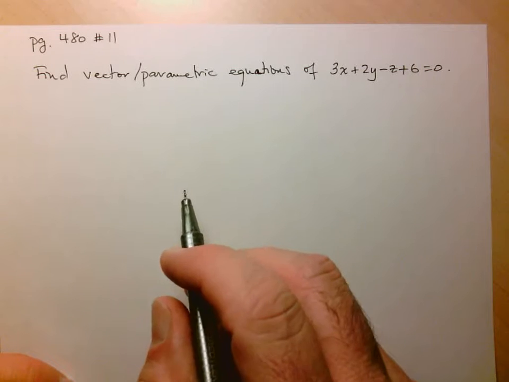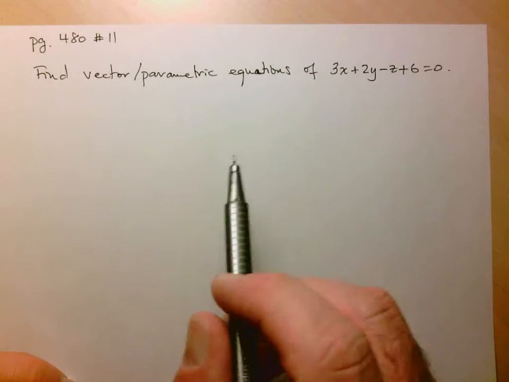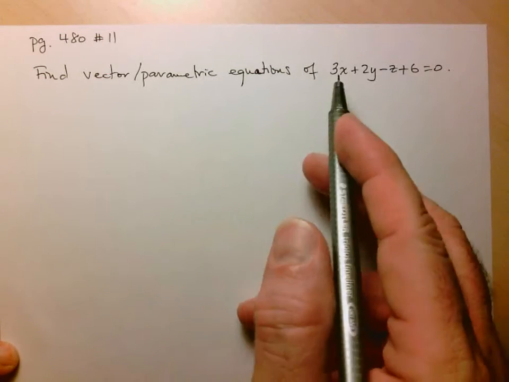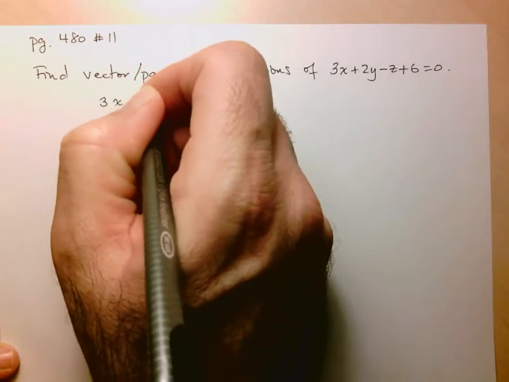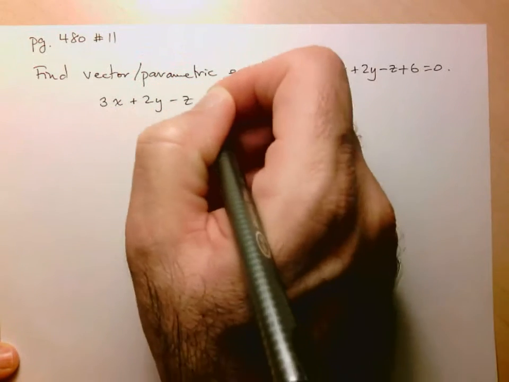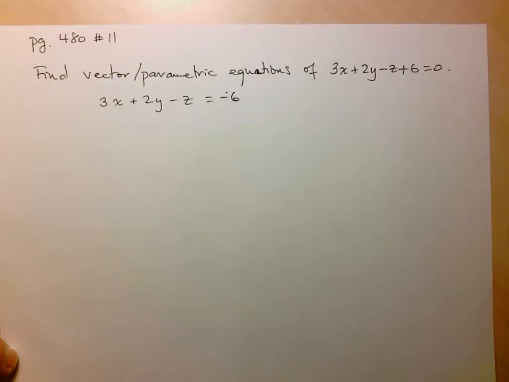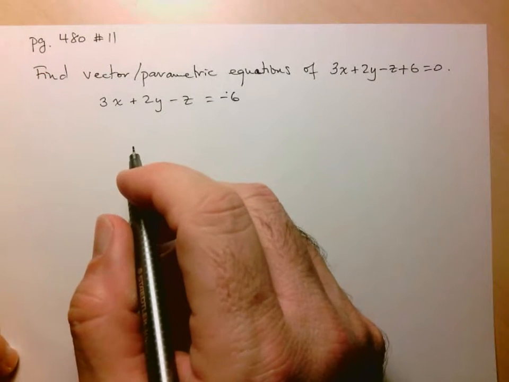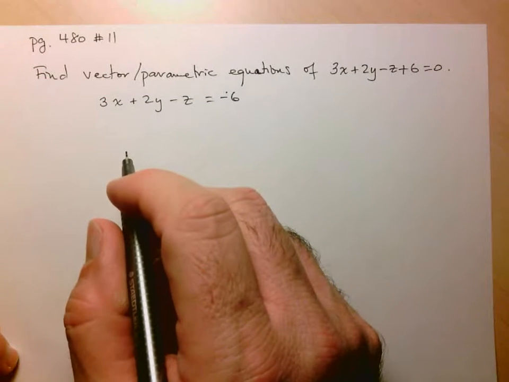I would say the easiest way to do this is to determine 3 points, and then from there we can create our two direction vectors. So I'm going to rewrite this equation with the constant term on the other side, and I'm going to use an old trick that you would have used back in grade 9 or 10 to find intercepts.